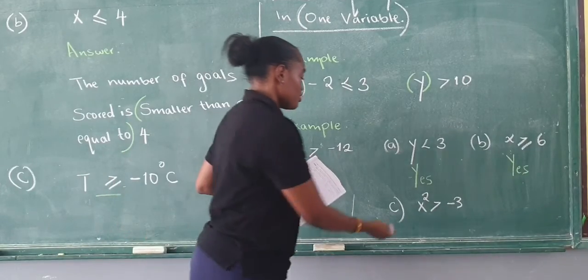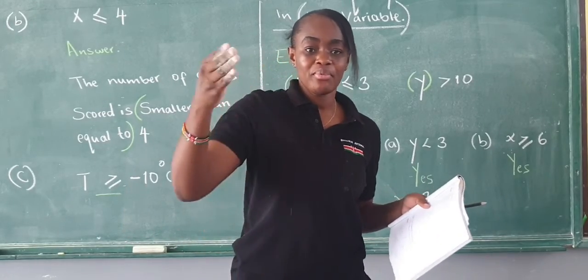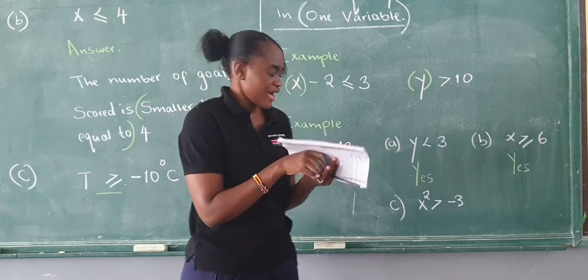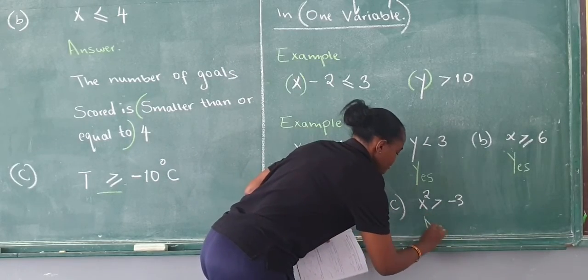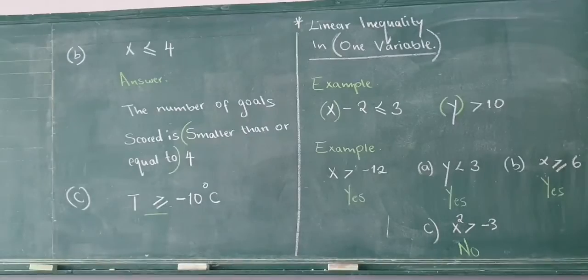No. Because this one we have x squared. Squared means 2. We have double, okay? So that is not one variable, so you write no.